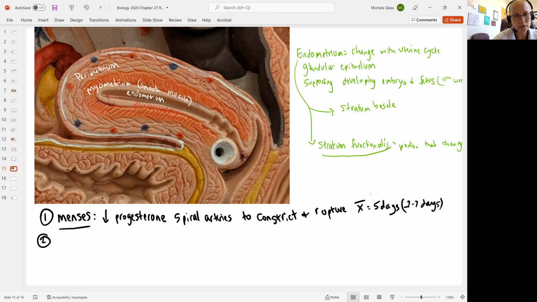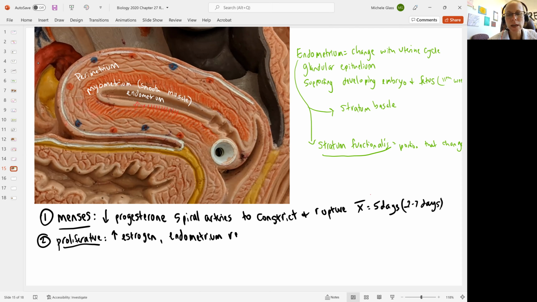Next, we see what's called the proliferative phase. This is happening when we get an increase of estrogen production from those follicle cells and the Graafian follicle. And we get the endometrium to rebuild.